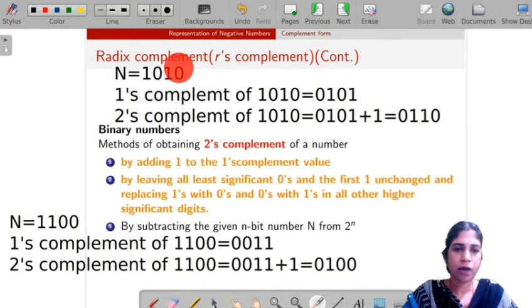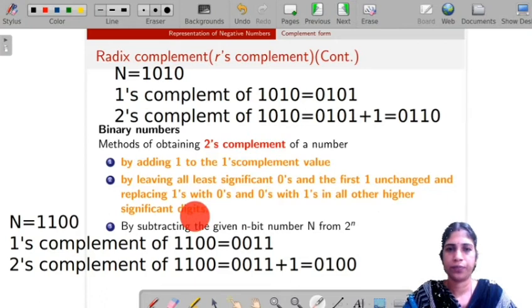After the first one we complement the bits, so 10 becomes 01, and 10 stays as such. That means we leave all least significant zeros and the first one unchanged, and replace ones with zeros and zeros with ones in all the other higher significant digits. Clear? That means we scan from the right side for the first non-zero digit. Here the first non-zero digit is in the second position.